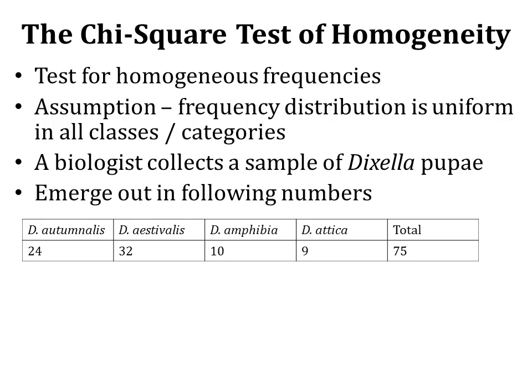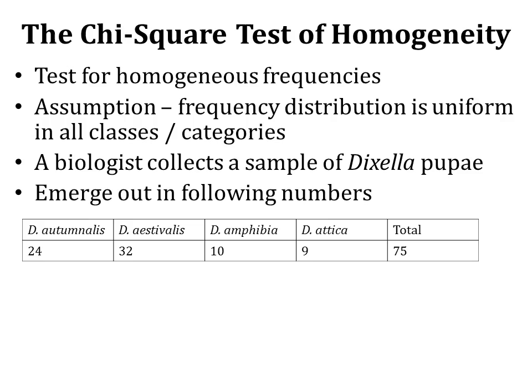Apparently we can see that these are not homogeneous. Out of 75, Dixella attica is only 9 and Dixella aestivalis is 32. So apparently there is a difference between their frequencies.